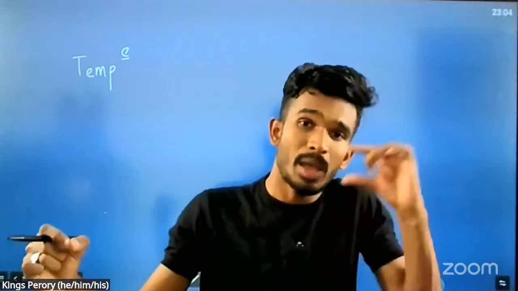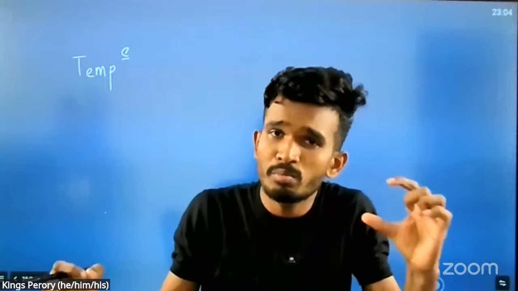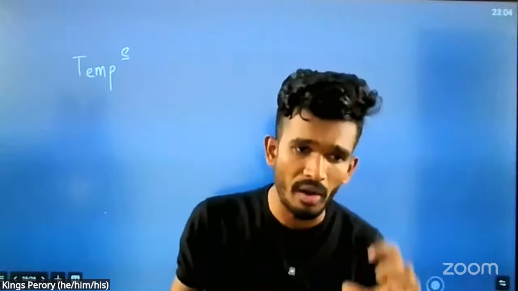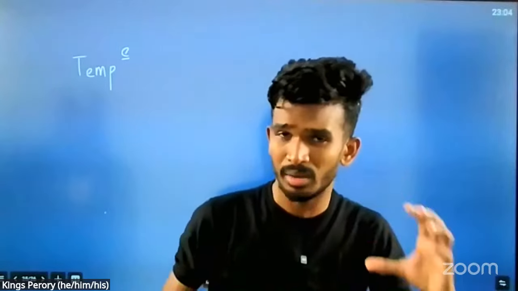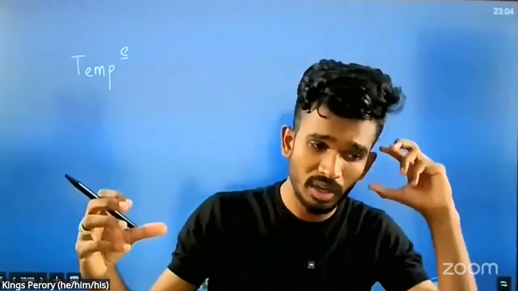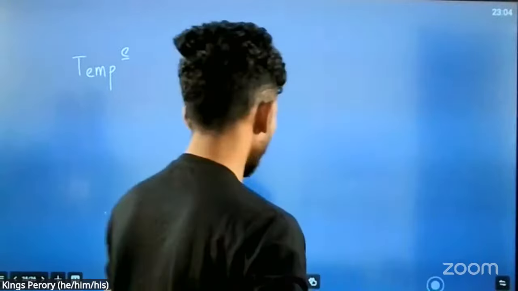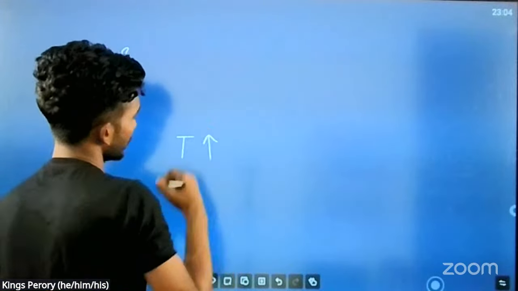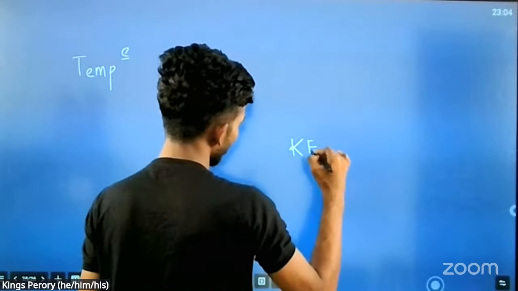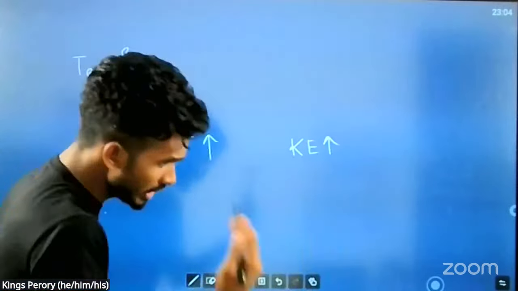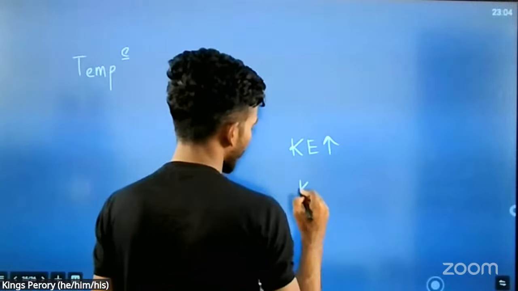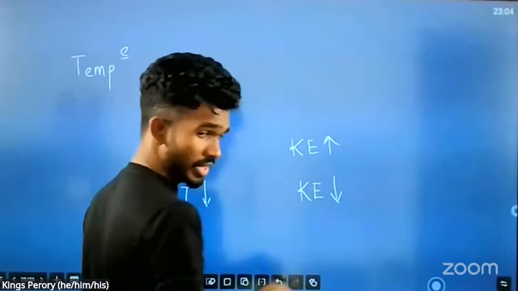Temperature is the measure of the movement of the particles. Simply, temperature is the measure of the kinetic energy of the particles. If the temperature increases, kinetic energy of particles will also increase. If the temperature decreases, kinetic energy of the particles will decrease.